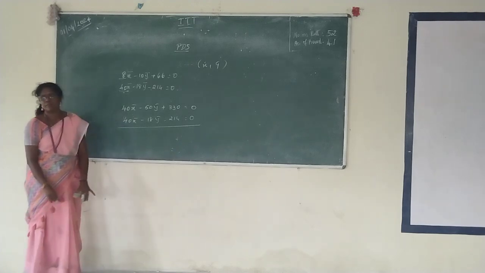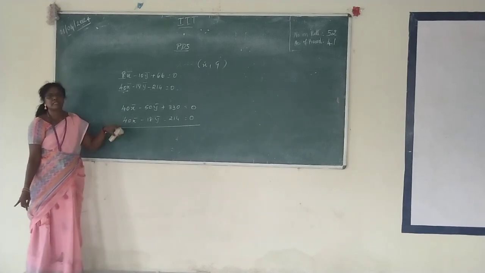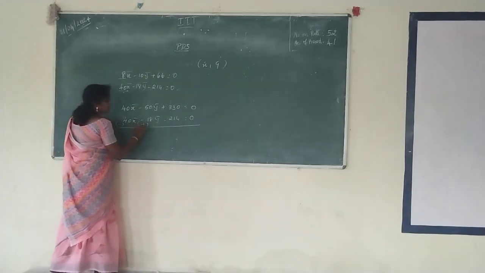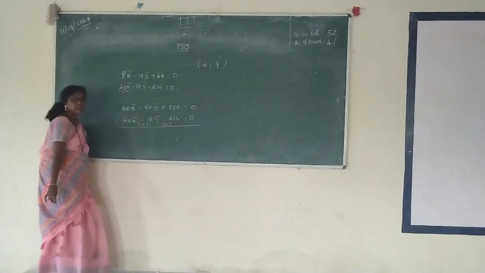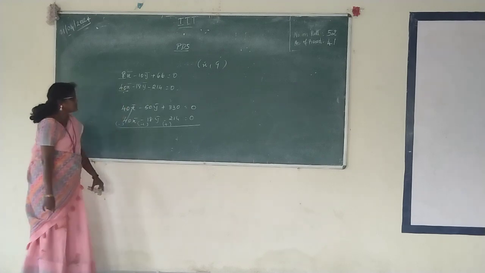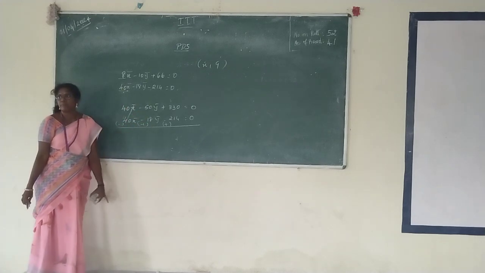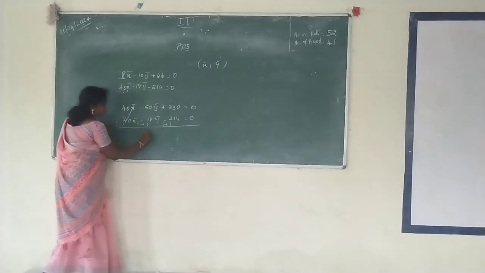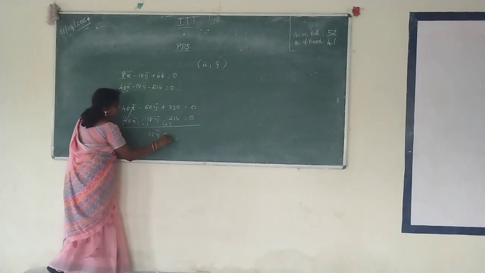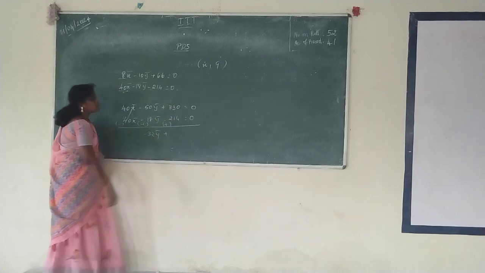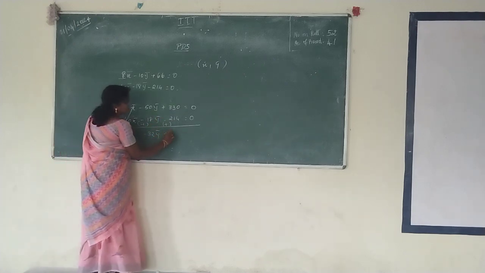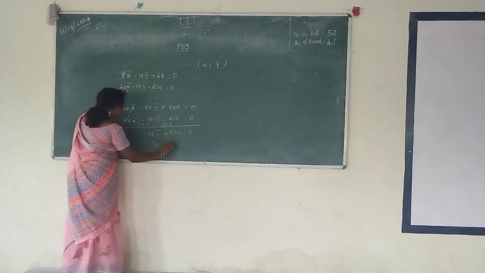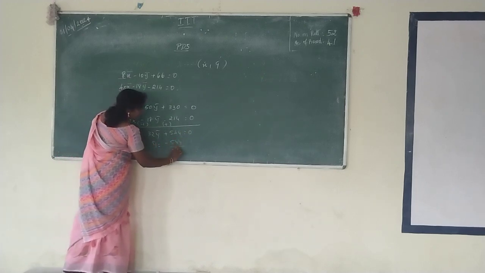Add or subtract? Subtract, because both have the same signs. So the second one becomes minus, minus, plus. X bar cancels. Minus 50 plus 18 is minus 32. 330 plus 214 is 544. So y bar equals minus 544 by minus 32.